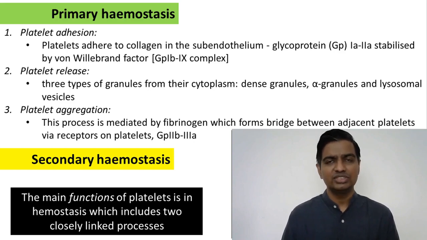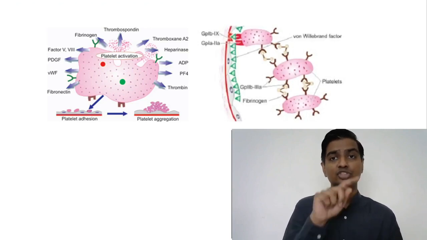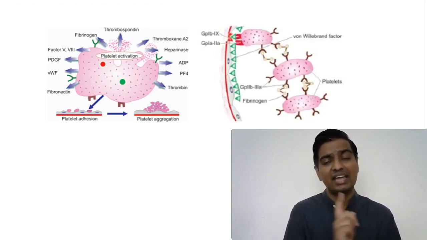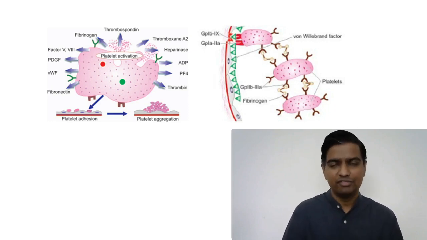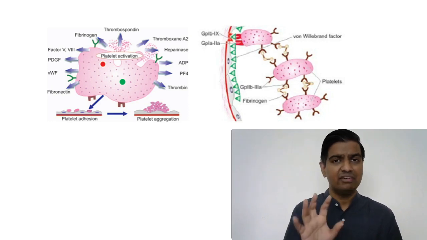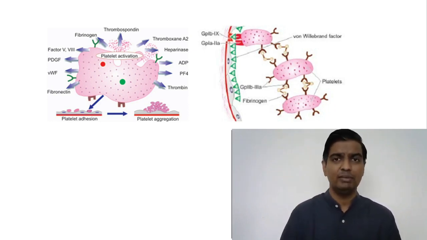If the granules are not released, if the chemical mediators are not released, the platelets will not be able to form a clot. Let's talk about drugs that act on this platelet and stop this process that I have diagrammatically represented here and I have already explained a few minutes back. Simple. You can pause the video, see this, and if you have any doubts, you can definitely comment in the comment section below. I will be happy to help you out.